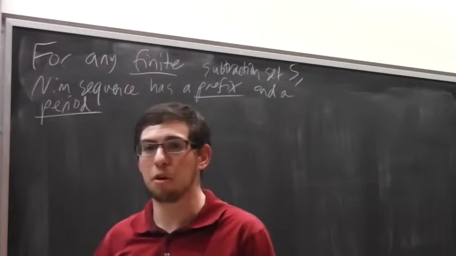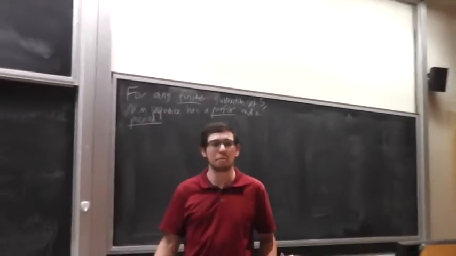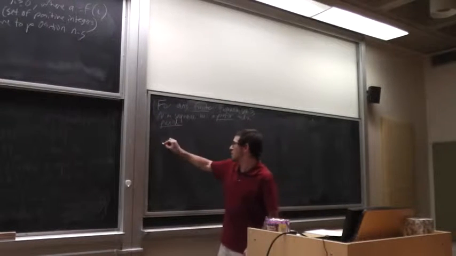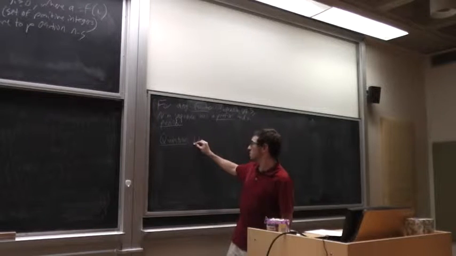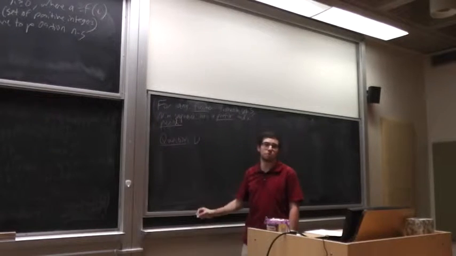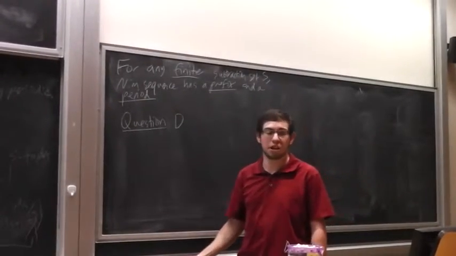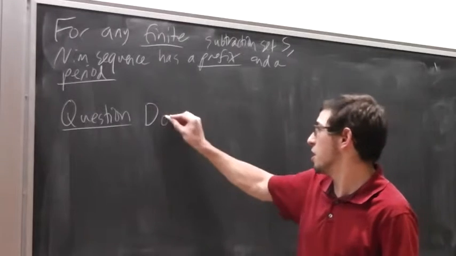But then there was the case of one pile nim where the subtraction set was infinite, but the sequence was unbounded. And unbounded things can't ever be periodic. This raises the question: does there exist a subtraction set, which will not be finite, such that the nim sequence for the subtraction game with that set is both bounded and aperiodic?